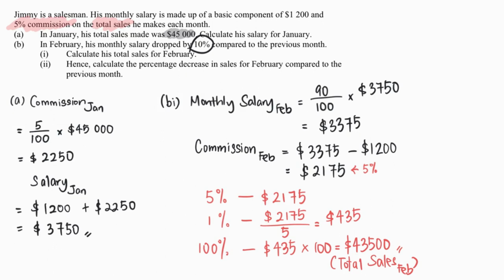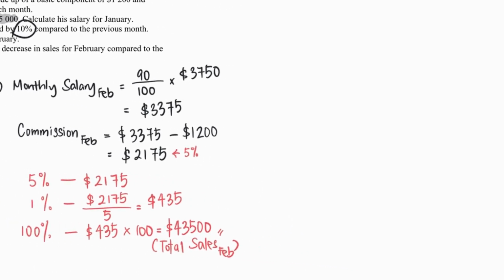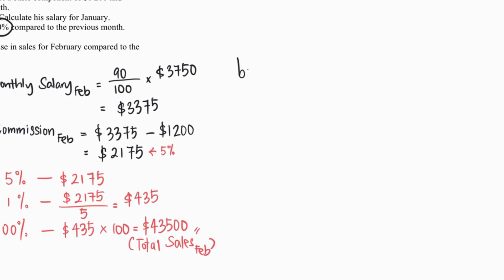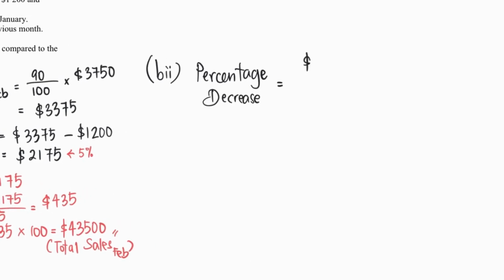Hence, calculate the percentage decrease in the sales as compared to the previous month. And at this point, I'm going to just create more space here. B part 2, where we would need to find the percentage decrease. Previously I have 45,000 in sales in January, and in February I now have 43,500.